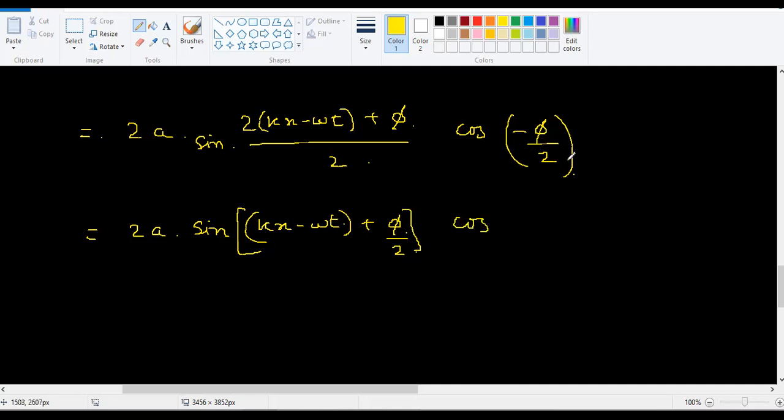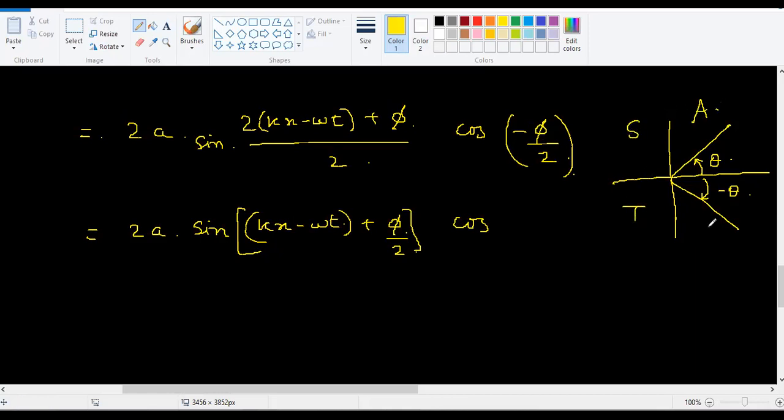Anybody, what is cos minus theta? Trigonometry formula. This is positive theta, and this is minus theta. Looks like nobody has studied trigonometry. So what can you say about cos in the fourth quadrant? All silver teacups. So cosine is positive here.